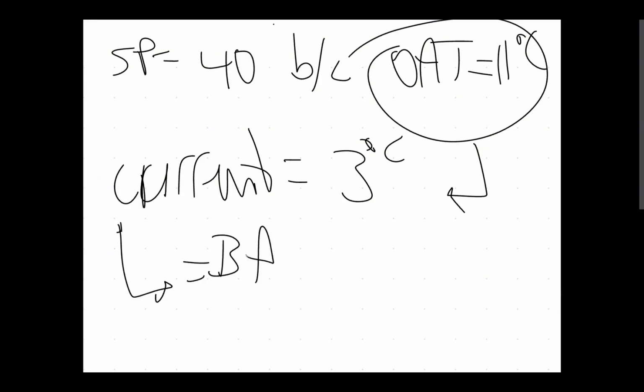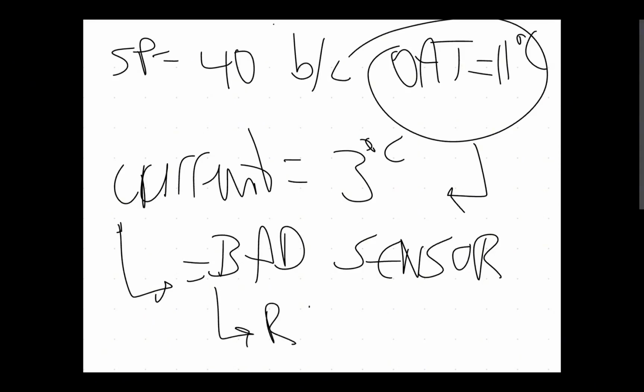For a quick fix, I just manually changed the outside air temperature in the DDC, but I knew that the sensor is bad or needs to get recalibrated. I wasn't able to get to that on the same day, but I do know I need to return and fix it.